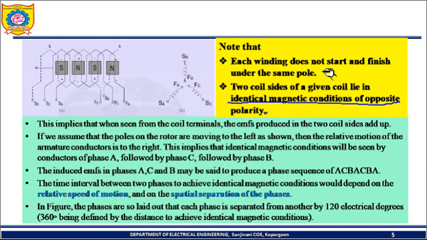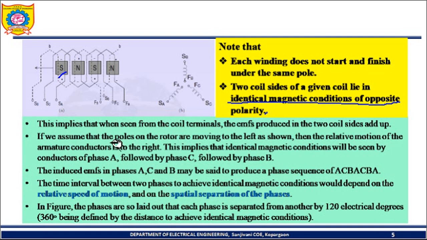This implies that when seen from the coil terminal, the EMF produced in the two coil sides is added up. Check here: when you go under the S pole, one or two conductors are under the influence of the S pole, so they are going to add up.